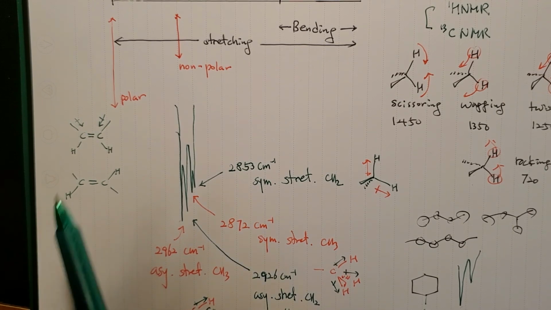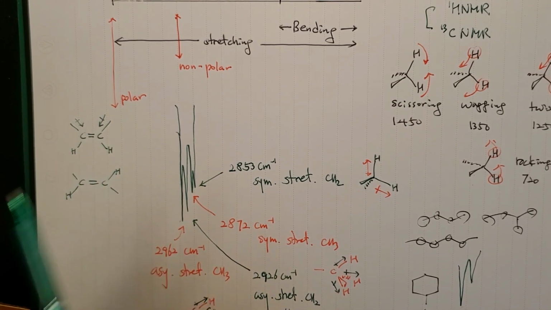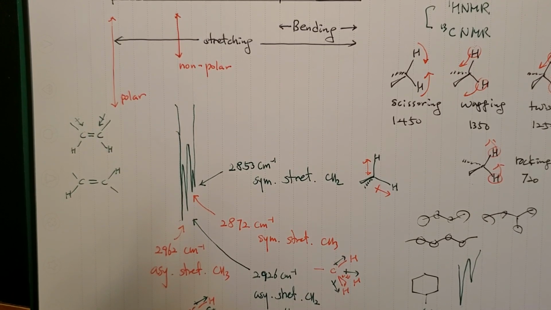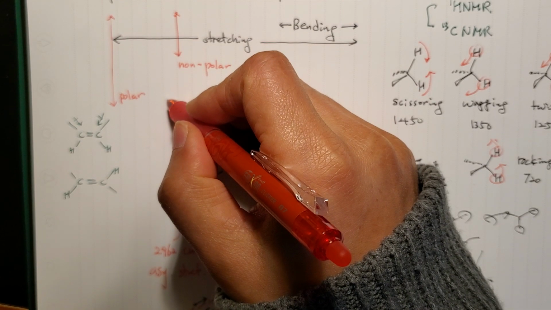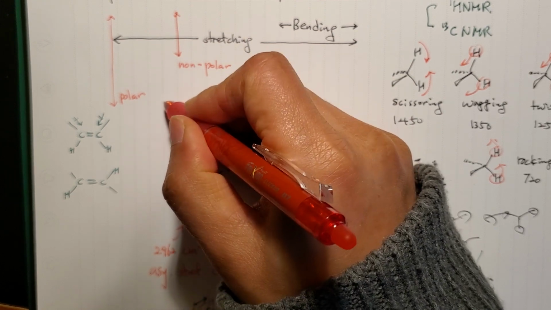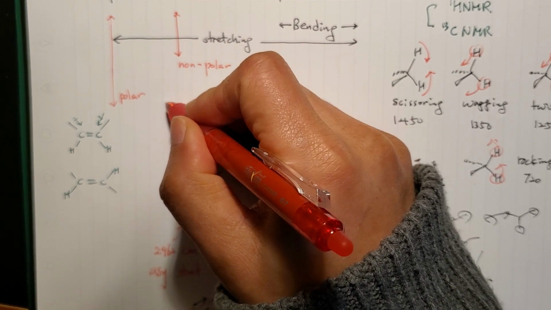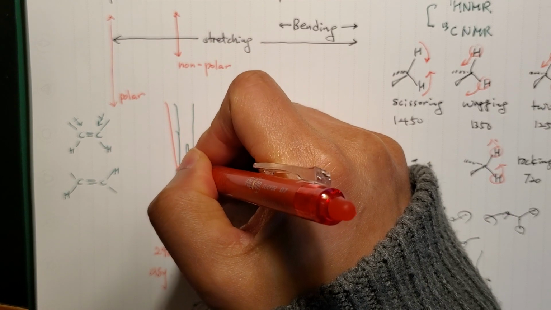So the signal for C=C double bond and CH stretching will be more intense. So you are expecting the sp2 carbon-hydrogen stretching above 3000, and it can add up to this. Sometimes it's pretty close and pretty intense.